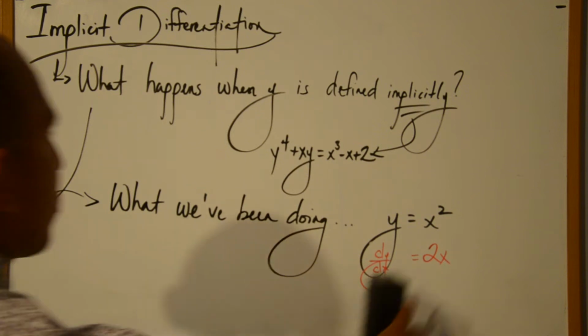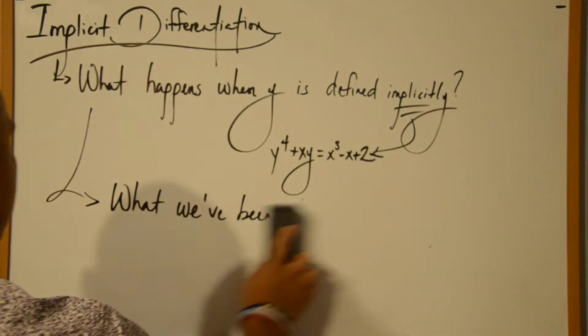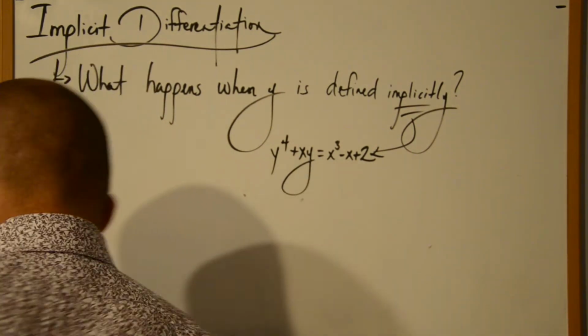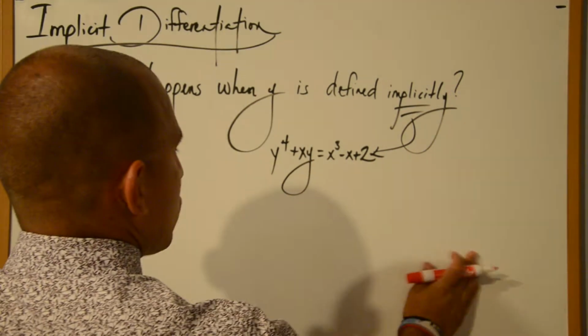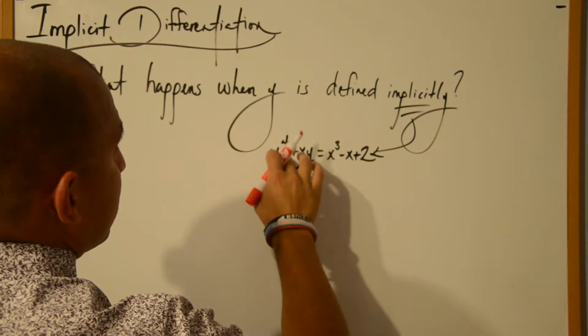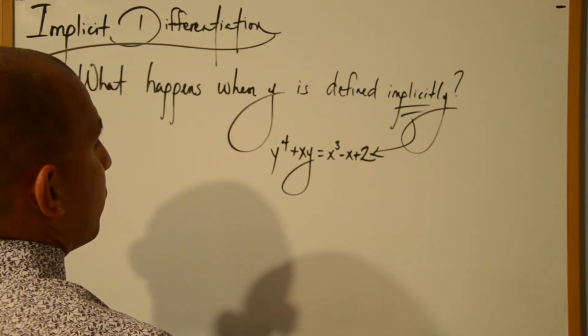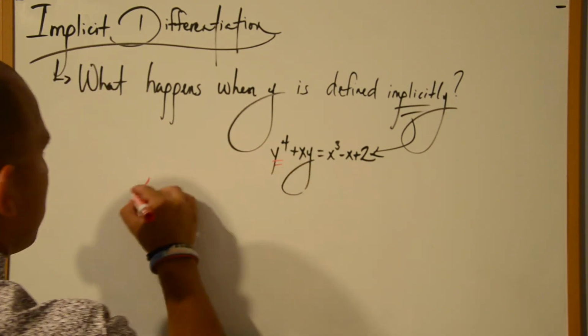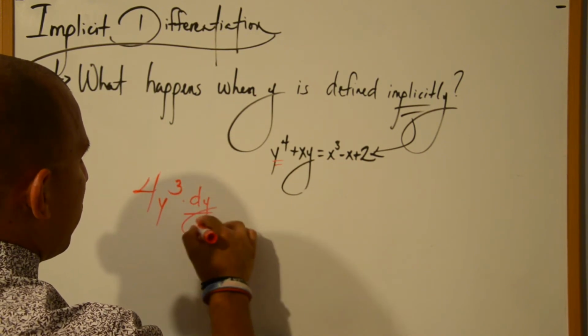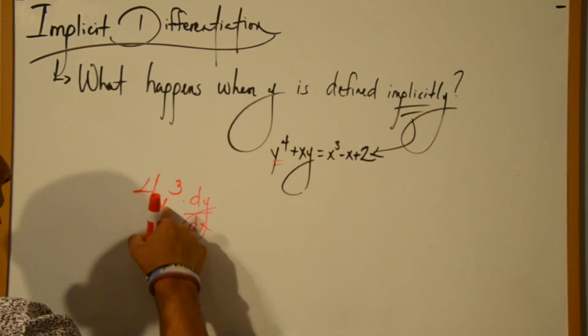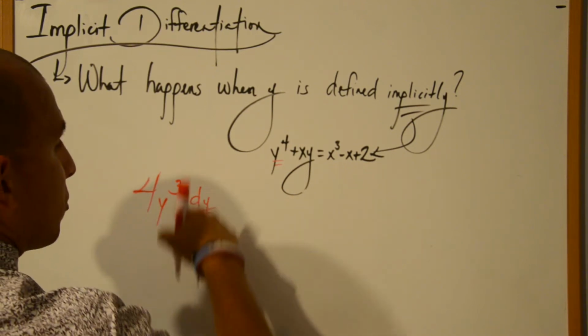So let's get into something a little more complex. We've got a function right here, so let's do that one. If I differentiate this with respect to x, this invokes the power rule. So y to the fourth is going to be 4y cubed times dy dx. I took the derivative of y with respect to x, which is why I need to write this.